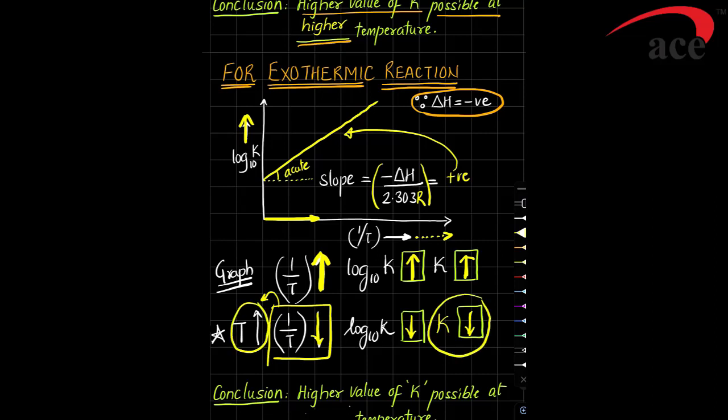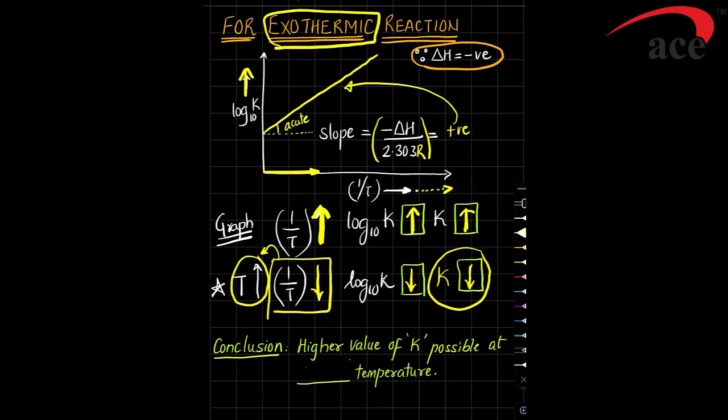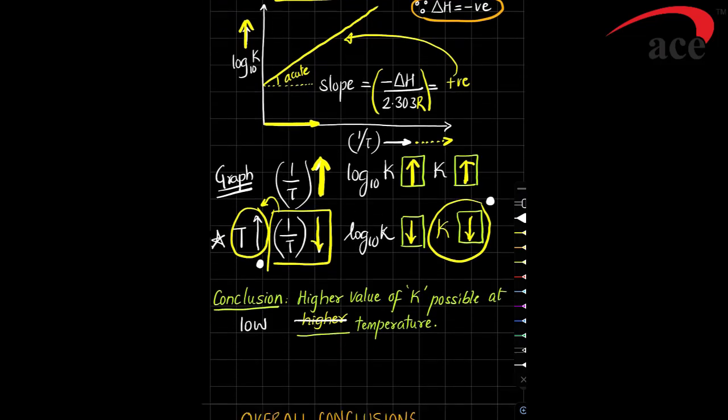So as temperature increases, K decreases for exothermic reaction. If you want a high value of K for exothermic reaction, it is possible at lower temperature, because they are inversely proportional.